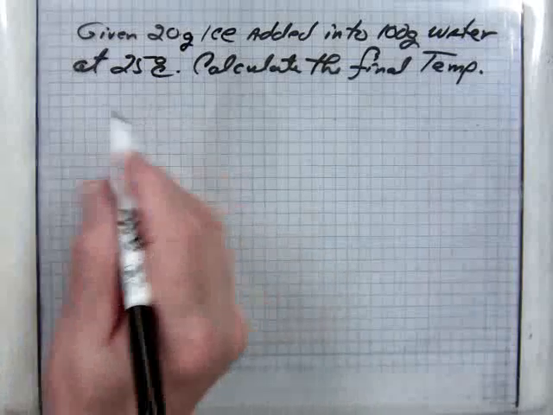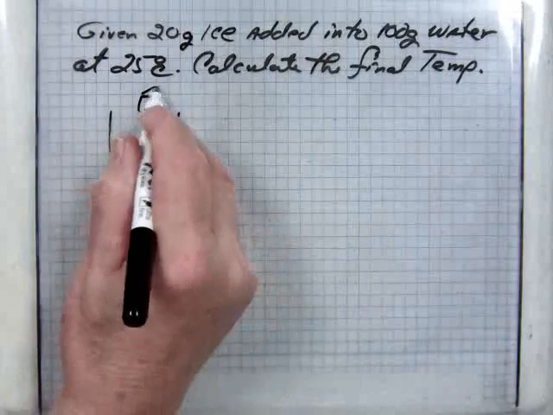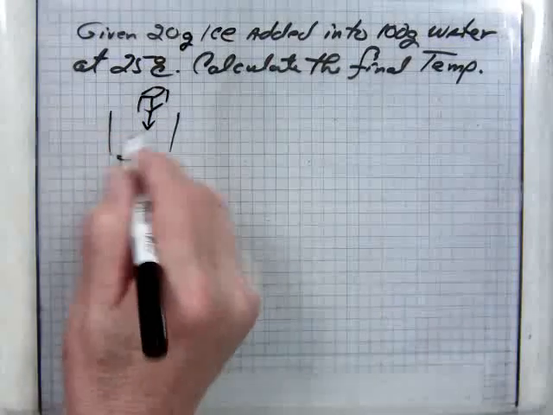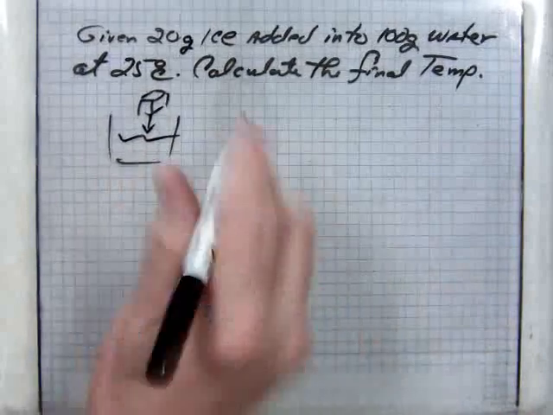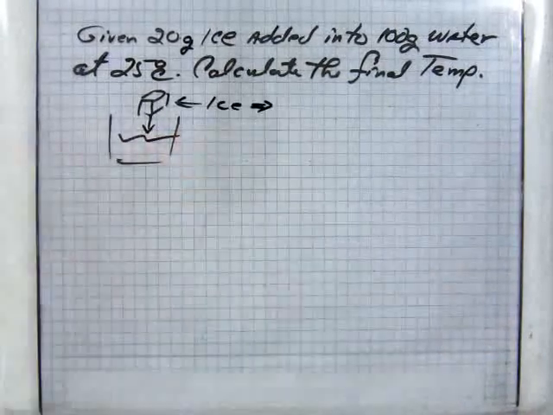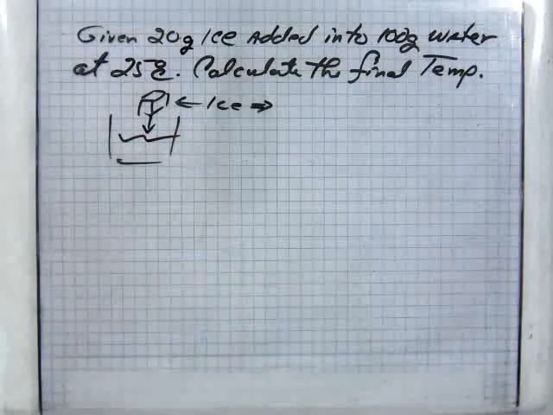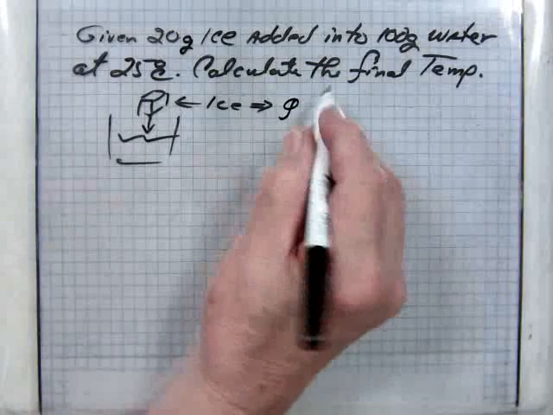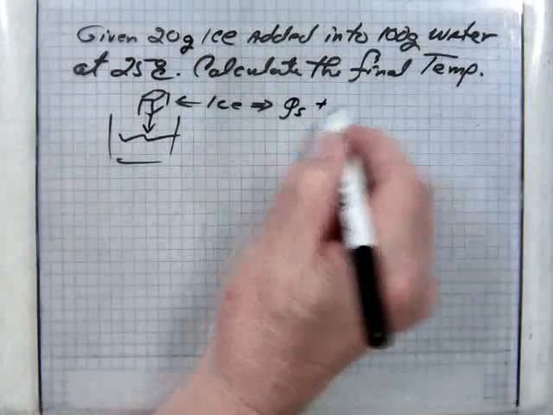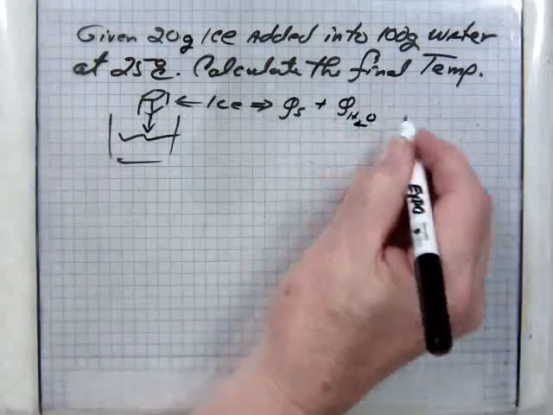In these, it's always helpful to draw a picture. And so ice has to go through two heat changes. One on melting, and then you're warming the ice water. So you have a Q for the solid plus Q for the H2O warming.